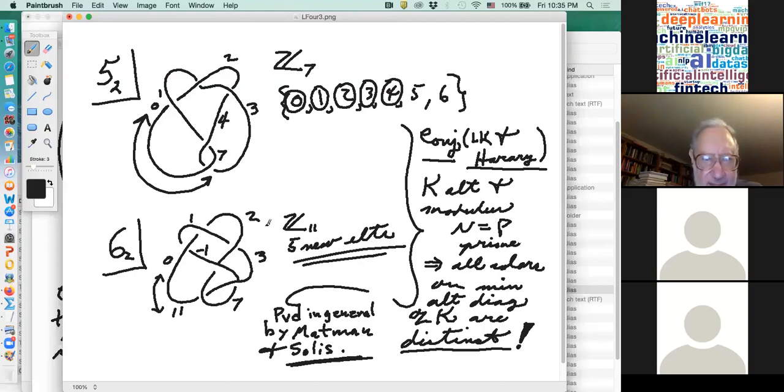As you see in these examples, that's what's happening. You're not seeing the same color appearing twice anywhere. All the colors are different in this mod 7, mod 11, or mod 7. And you could look up the Mattman-Solis paper, or you could try proving this for yourself. It's a curious combinatorial fact. So not obvious what it means topologically, but it means something.